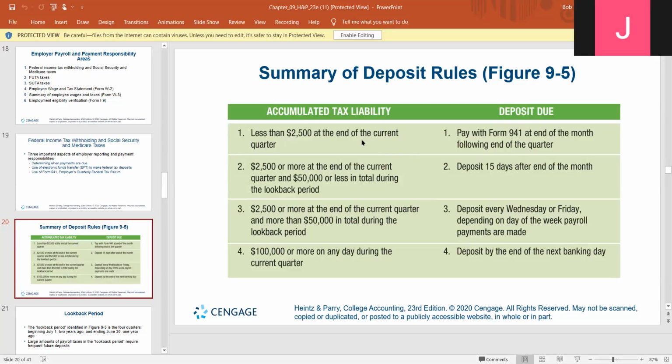If you have a small payroll, just $2,500 a quarter, maybe a one-man business, you pay with the 941 at the end of the month. But if it's up to 50,000, you better make the payment in 15 days. If it's more than that, you've got to make your deposits every Wednesday or Friday. If it's 100,000 or more, you better put the money in the next day. So the higher the payroll, the quicker the payment is due.